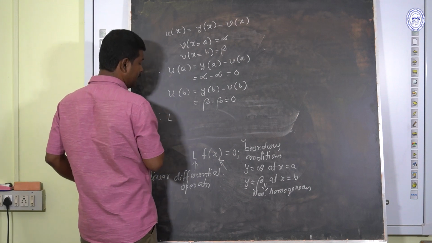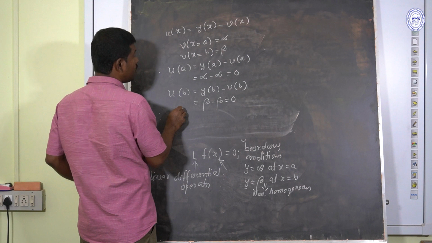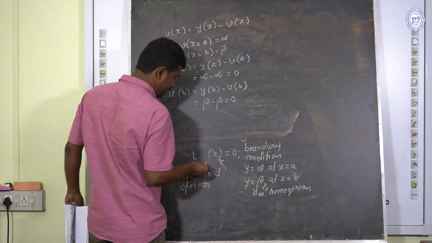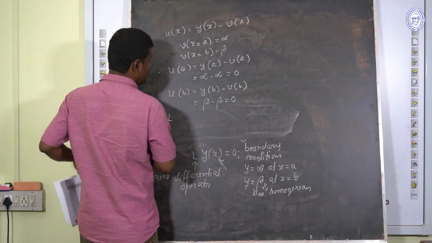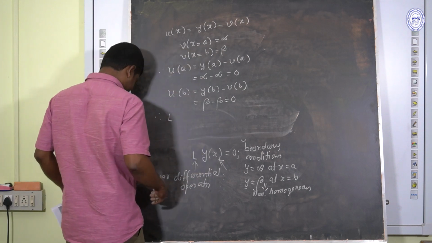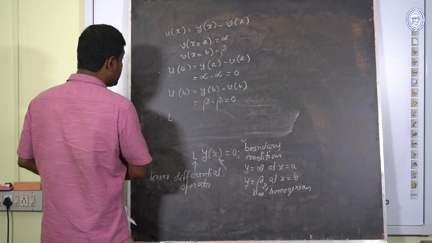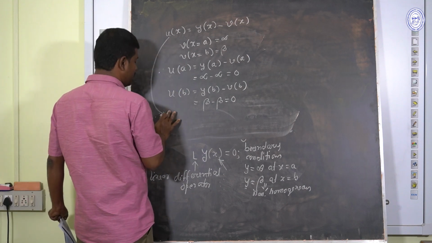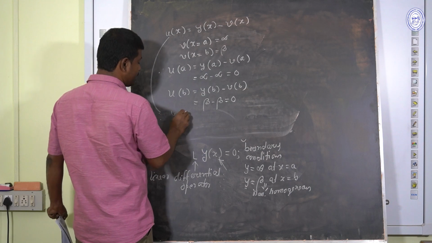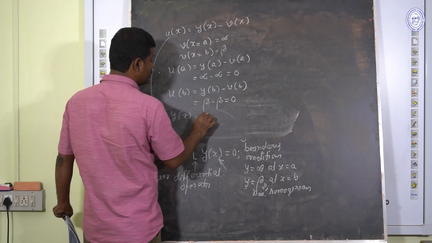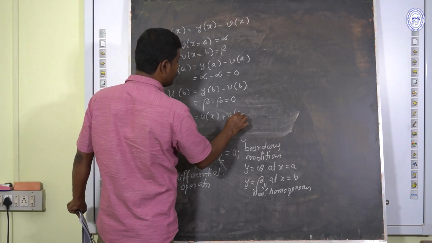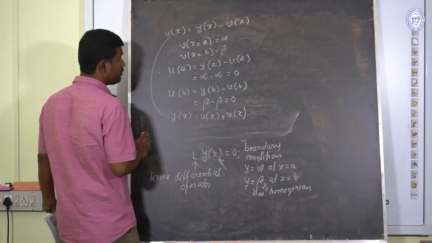Therefore, L y of x equals 0, and y of x will be equal to u of x plus v of x.